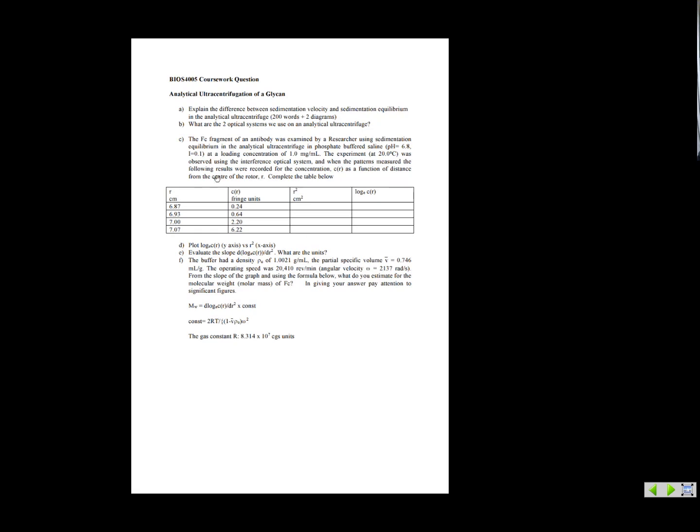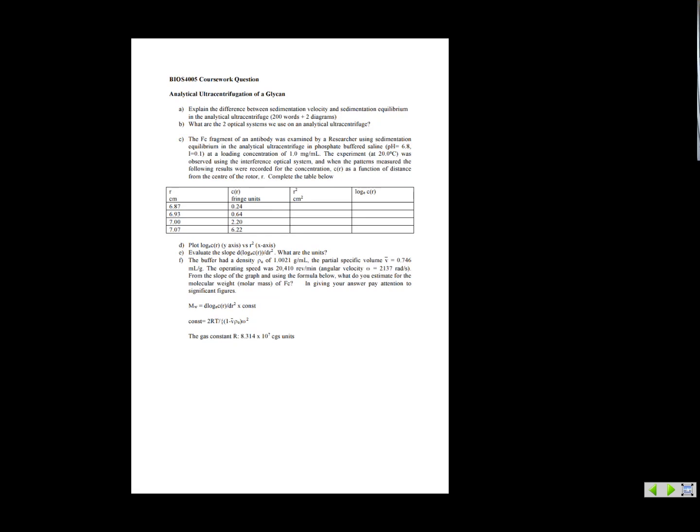If you look at this table here, the data is correct to between 2 and 3 significant figures. So take that into account when expressing your final answer. So a sensible number of significant figures. Okay, so it tests your understanding of one of the important techniques we've been talking about, analytical ultracentrifugation, and just tests how you represent data.